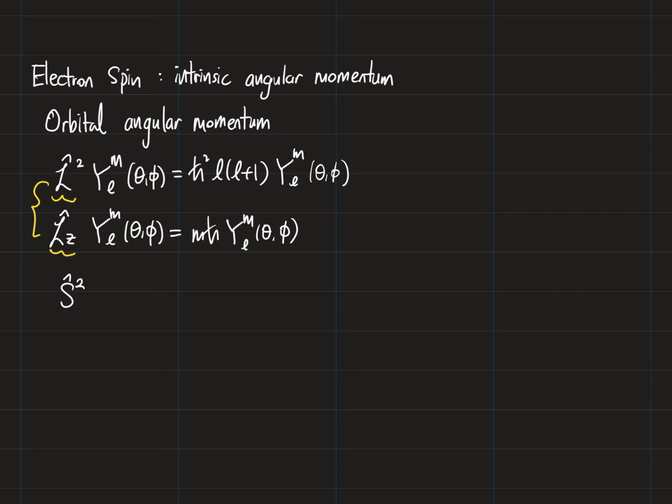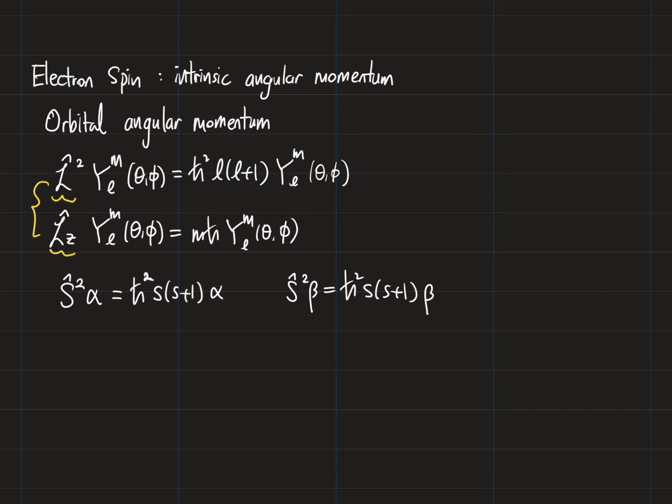So s square for the spin up alpha state will give you h bar square s(s+1) alpha. And similarly for spin beta, here.